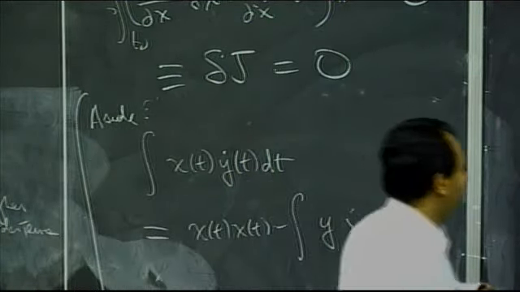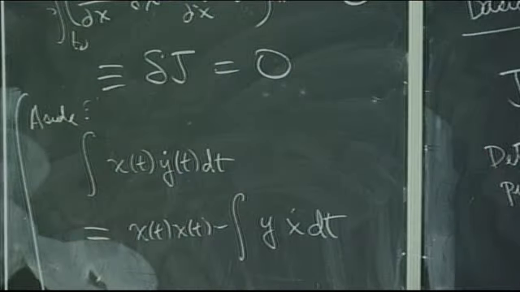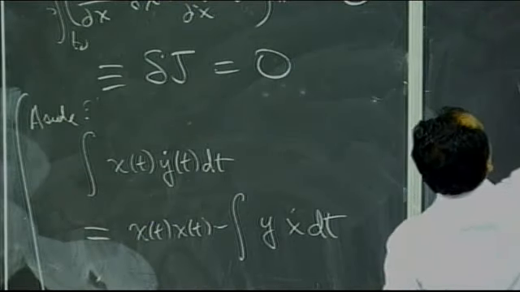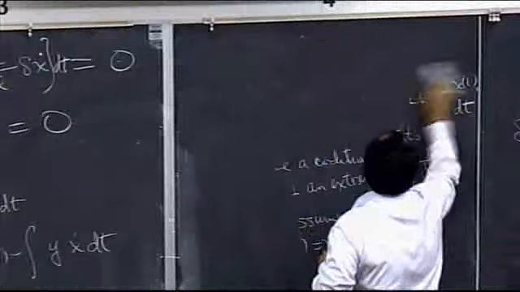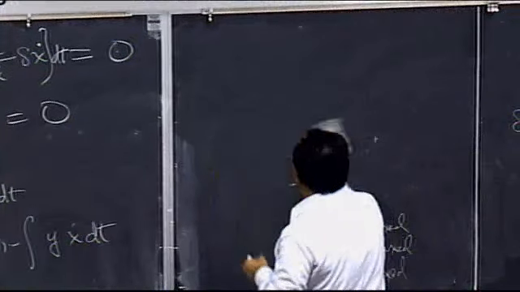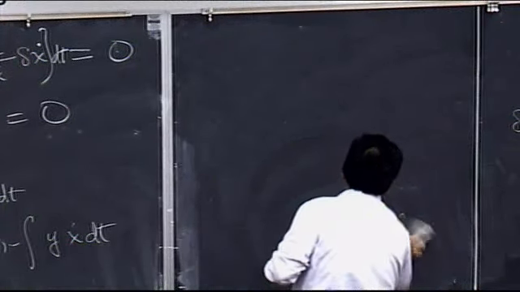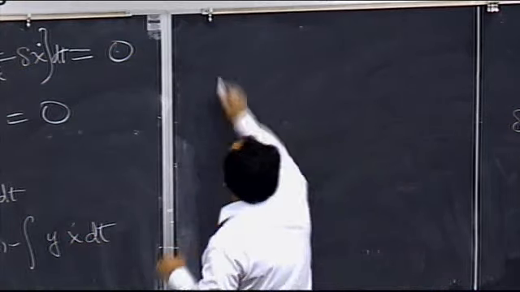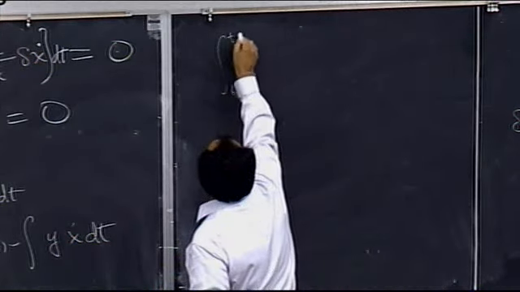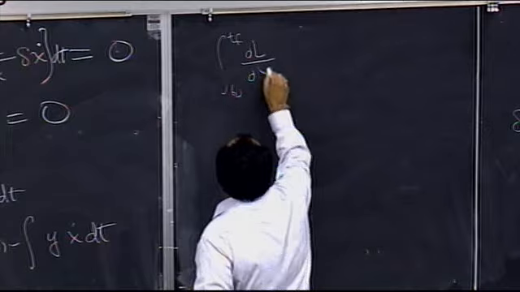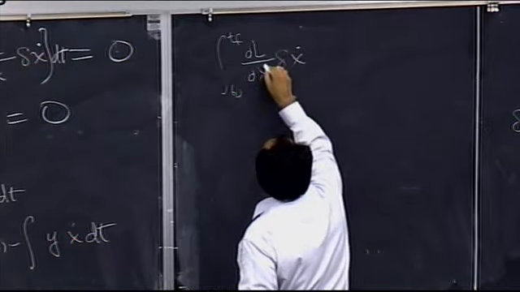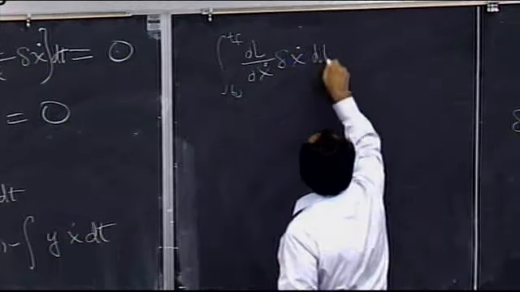So I've got 5 minutes, right? So I can do that here. That's my aside. It's integration by parts. So I can integrate that second term by parts. What I get when I'm integrating by parts is the integral from t0 to tf of the partial of L with respect to x dot, times the variation in x dot, dt.